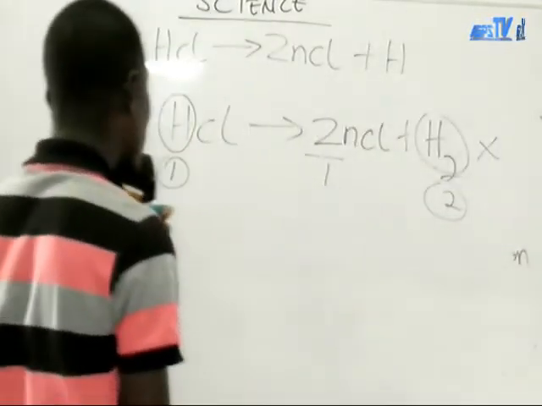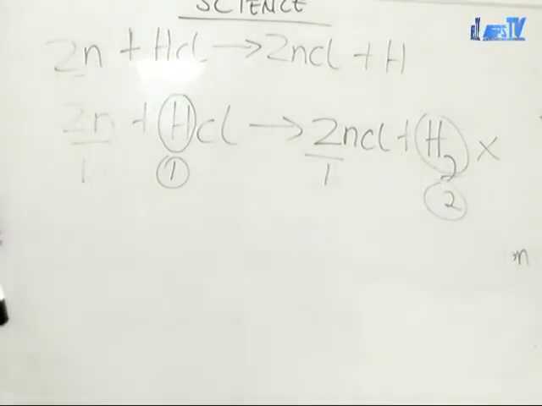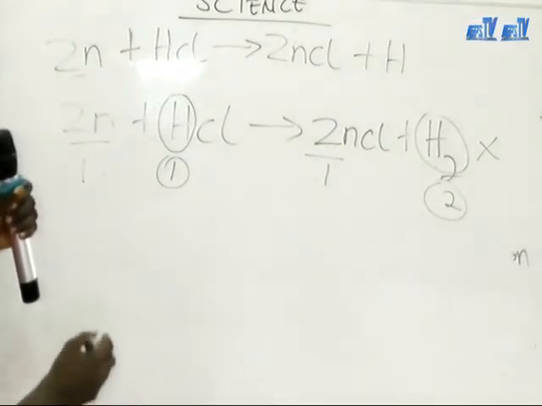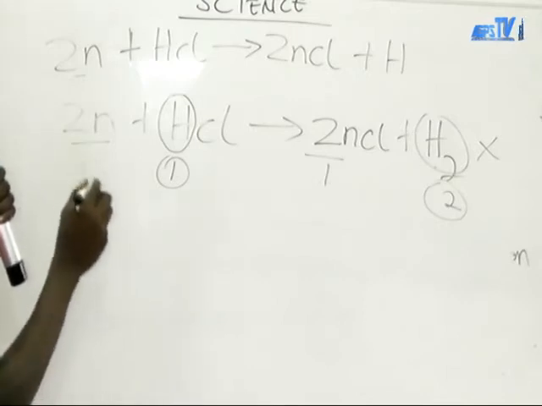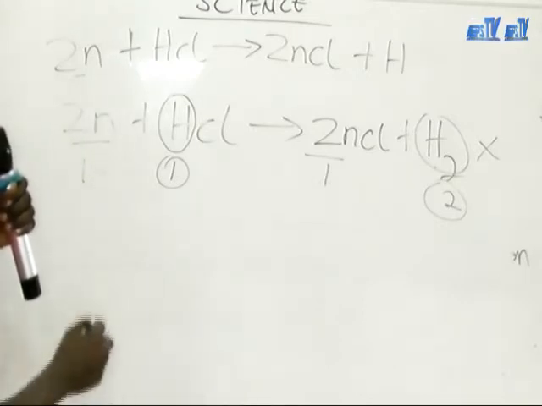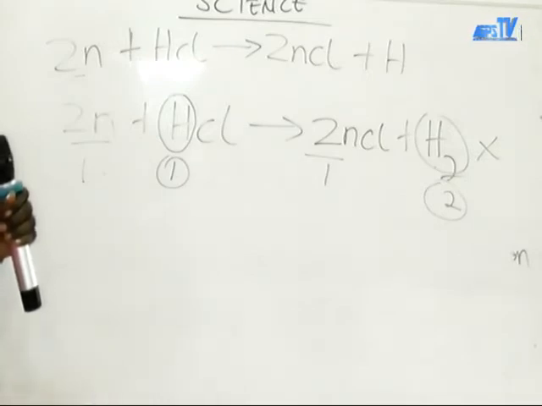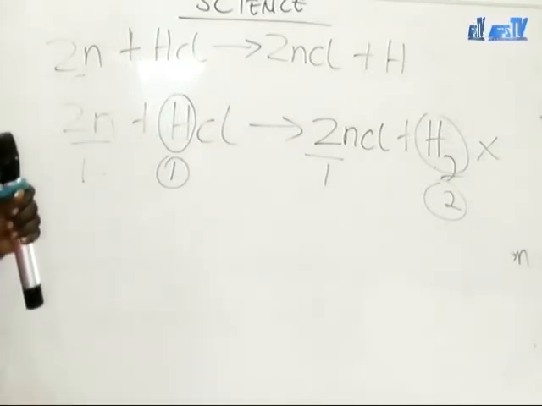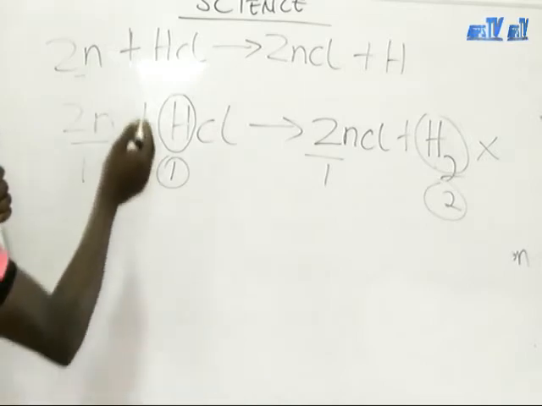Now, the first thing you have to know is that most gases appear in a chemical reaction as diatomic molecules. Let me give you a typical example before I go back to this.